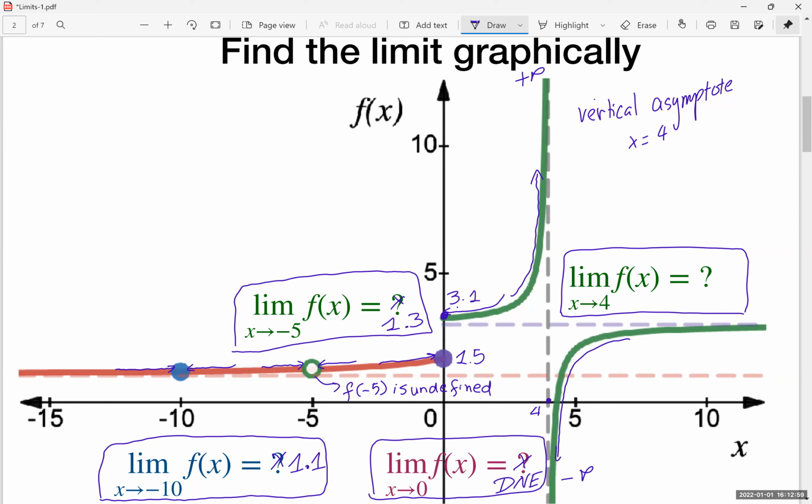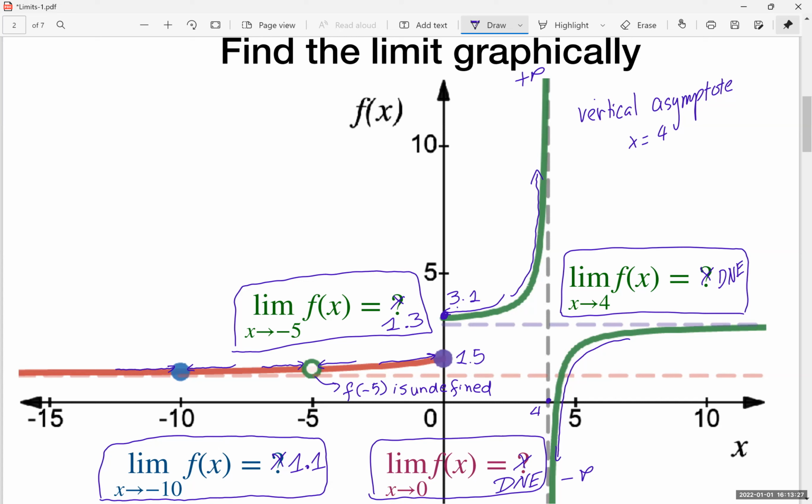It will never touch the vertical asymptote, and the values just keep going down. And you can see that the directions of the function as x goes to 4 from the left and right are different, meaning they're approaching different points, meaning the limit of the function when x goes to 4 doesn't exist.